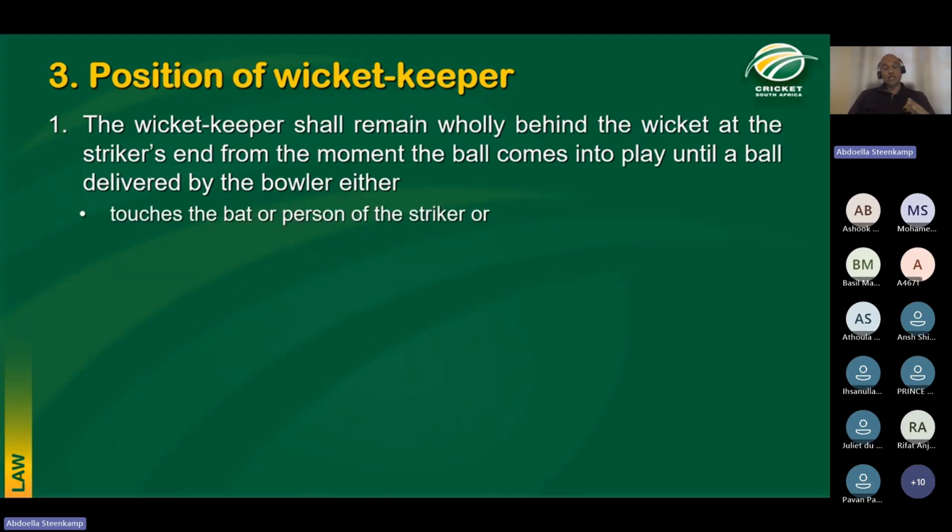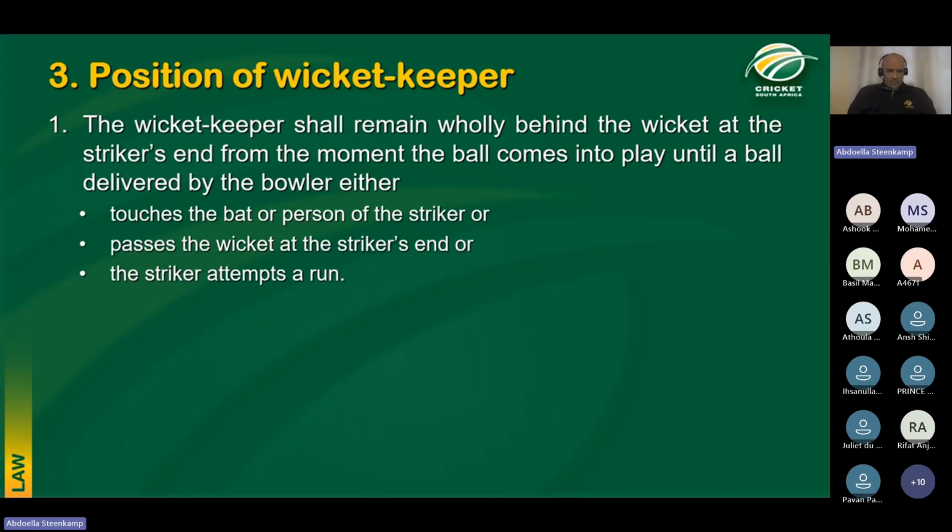Firstly, as soon as the ball touches either the bat or person, now the law is happy. Keeper, you can now come in front of the stumps. Secondly, as soon as the ball passes the striker's wicket, keeper can now come in front of the stumps. And lastly, if the striker, for whatever reason, decides to attempt a run, the keeper then can come in front of the stumps.